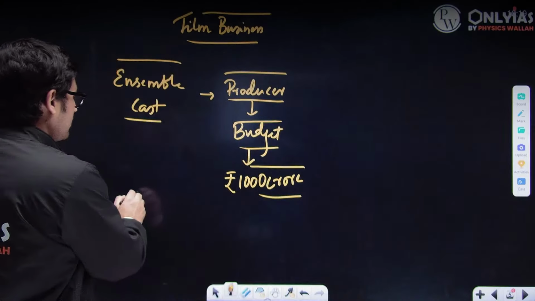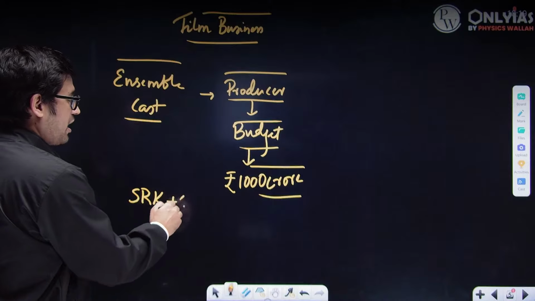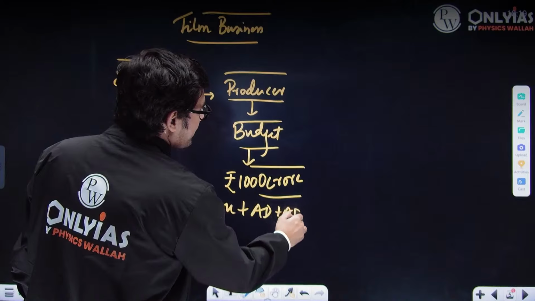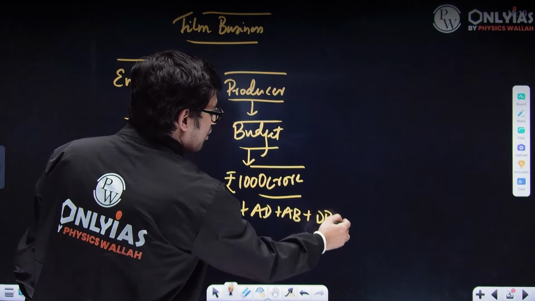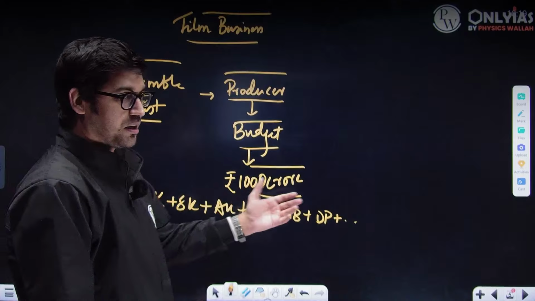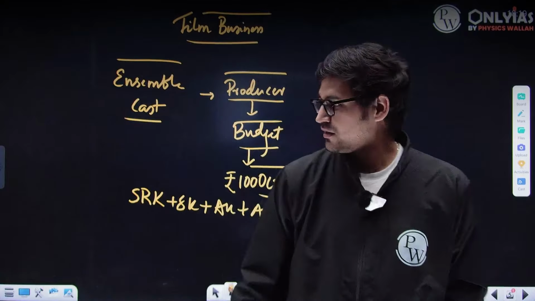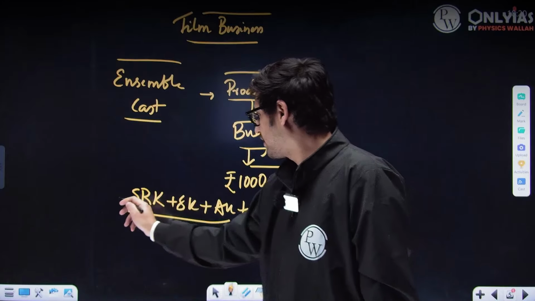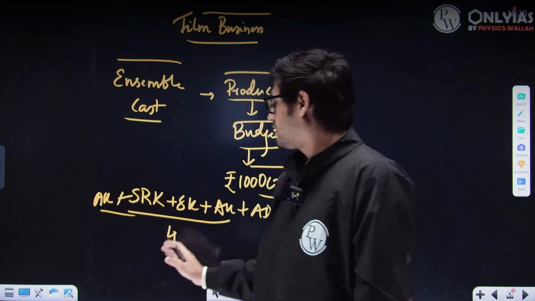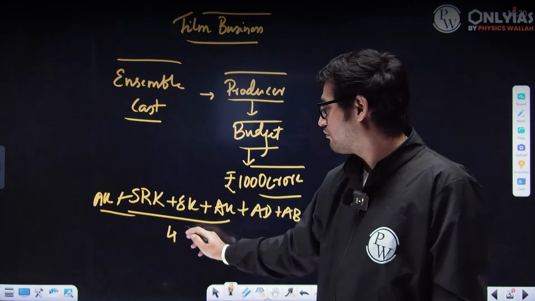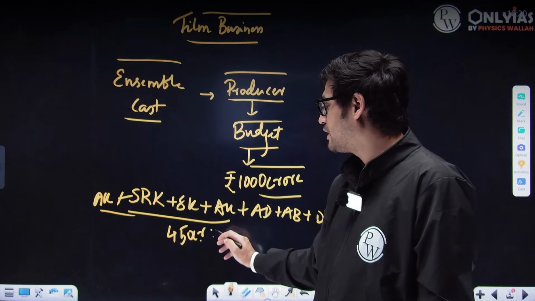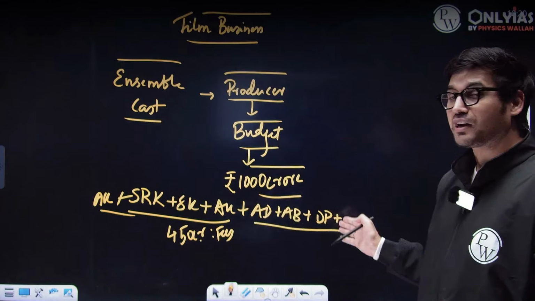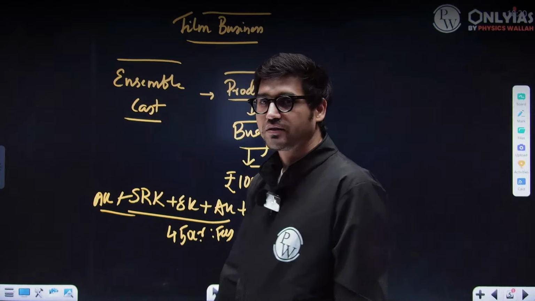If I invite Shah Rukh Khan, Salman Khan, Akshay Kumar, Ajay Devgan, Amitabh Bachchan, and then Deepika Padukone and all of those remaining very, very leading actresses, even an Aamir Khan for that matter, these people together should be around 450 crore rupees only and only towards fees. And then another couple of 100 crore rupees for the remaining leading actors and actresses.